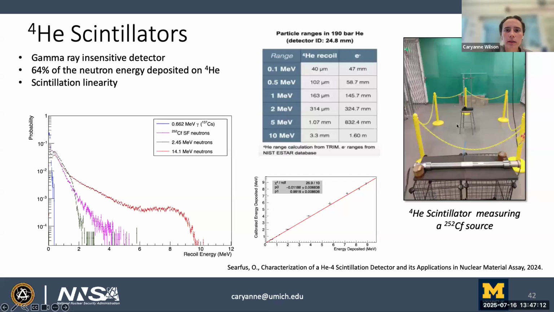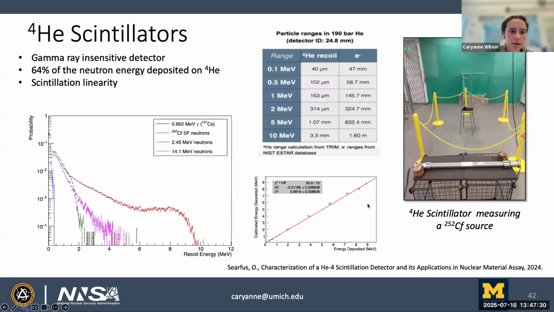The question is, how do we optimize the geometry and the ability to discriminate between neutrons and gammas in safeguards.